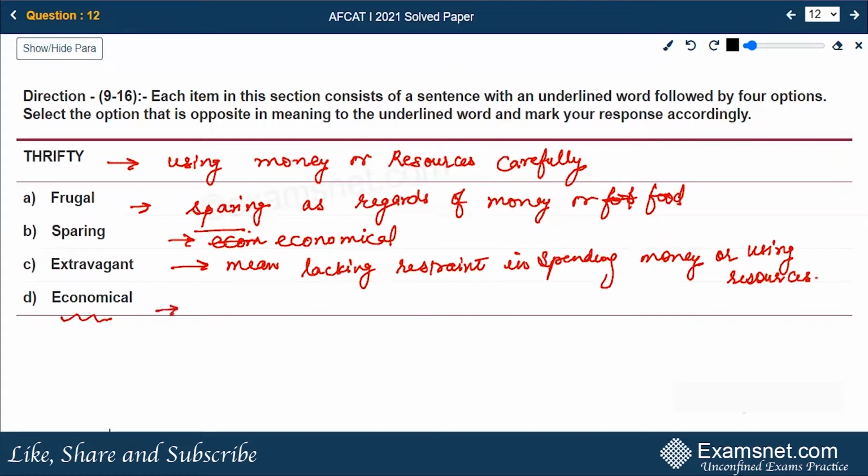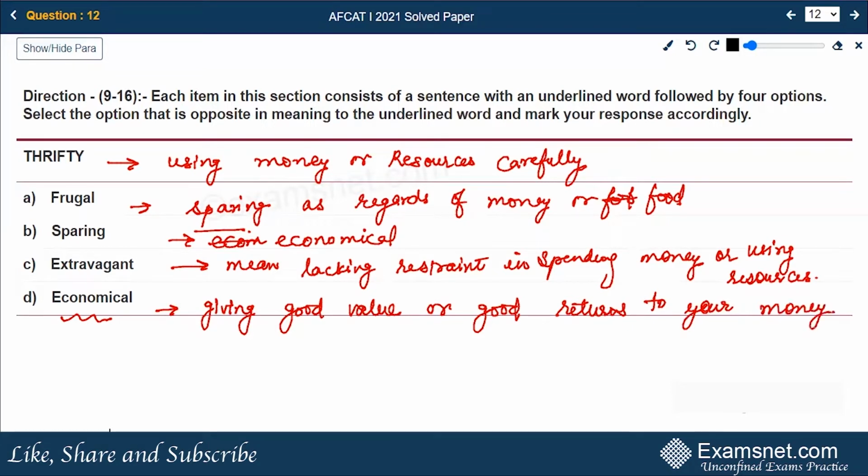Economical means giving good value or good returns to your money. So the antonym that we are looking for the word thrifty is extravagant, which is just the opposite of it. Option C is your correct answer.